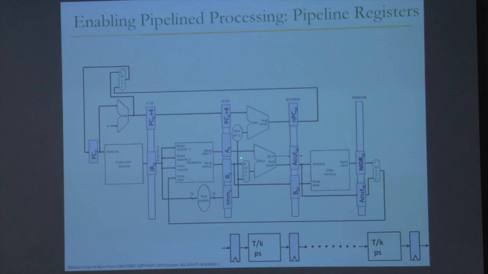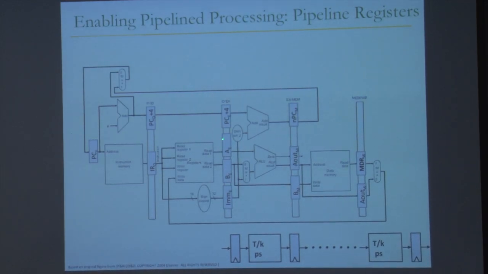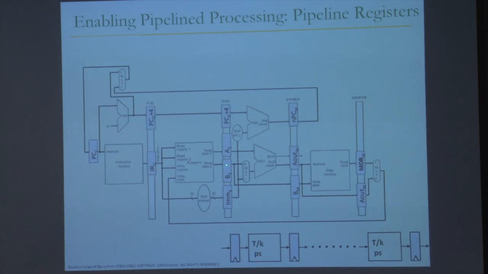Similarly, other results also. For example, you read the data out from the register file for instructions that need it. You get the immediate, and you do the computation here. You latch the ALU result at the end, right? And actually, you may need this second register here, and that gets propagated down.